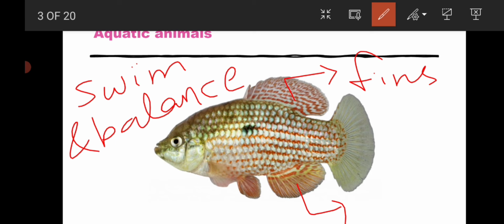What about the tail? This part is called the tail. This tail part helps in changing the direction while swimming. So these are the special features this fish has. So this fish is the example for aquatic animals.